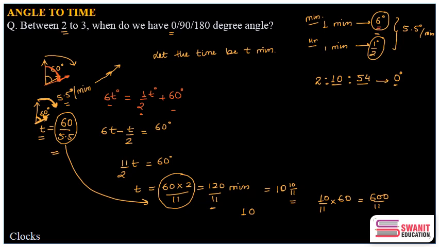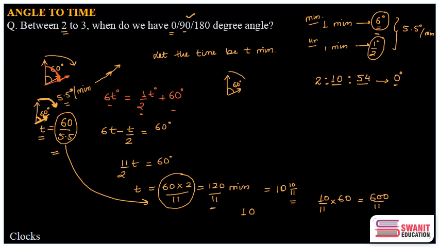I will explain it with another example. So now let us talk about a 90-degree segment. Once again, the position of the needles at 2 o'clock is 60 degree apart. Now I want to have 90 degree between them. So look at it.